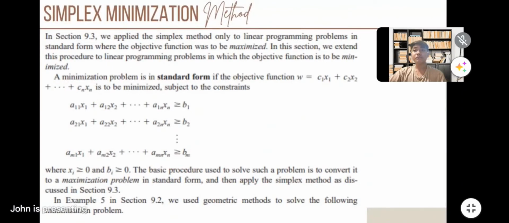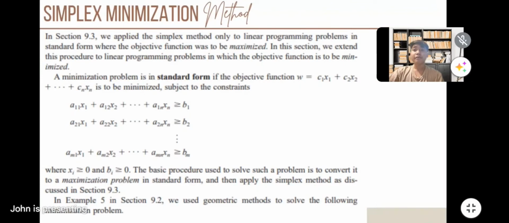Simplex minimization method. We applied the simplex method only to linear programming problems in standard form where the objective function was to be maximized. In this section, we extend this procedure to linear programming problems in which the objective function is to be minimized.